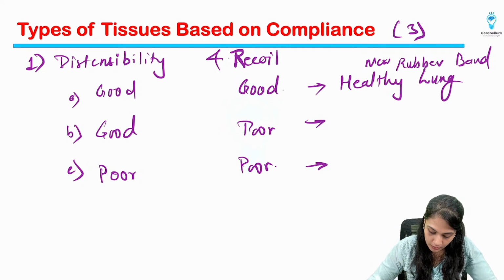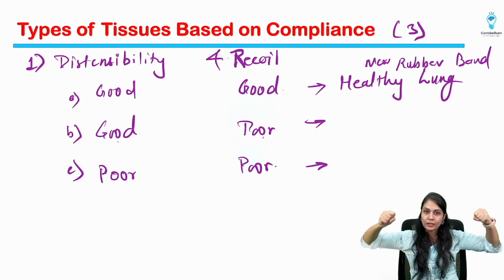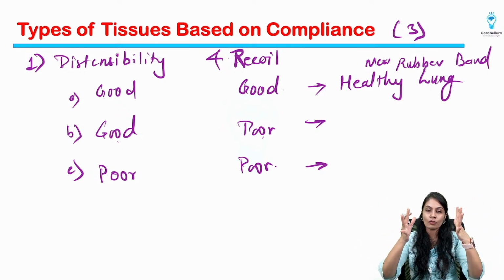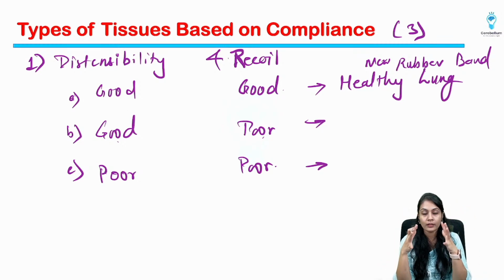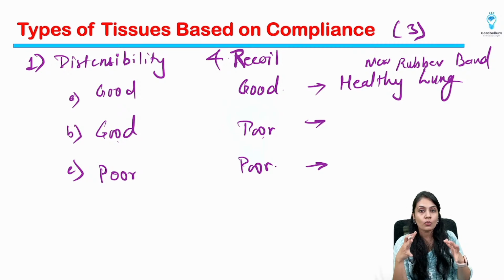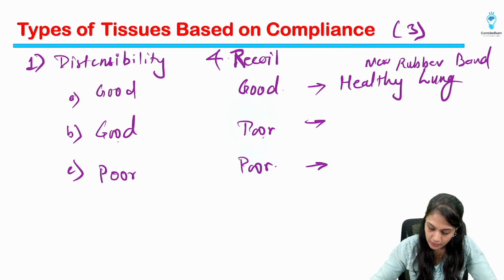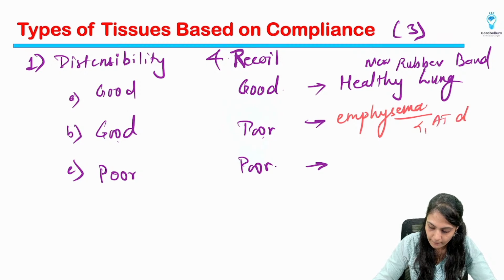What about the good and poor? So second is that you're able to stretch it, but as soon as you leave it, the alveoli won't go back to their normal position. That means they are having poor recoil or poor return. So this is like a chewing gum, right? This happens in the cases of emphysema or alpha-1 antitrypsin deficiency.